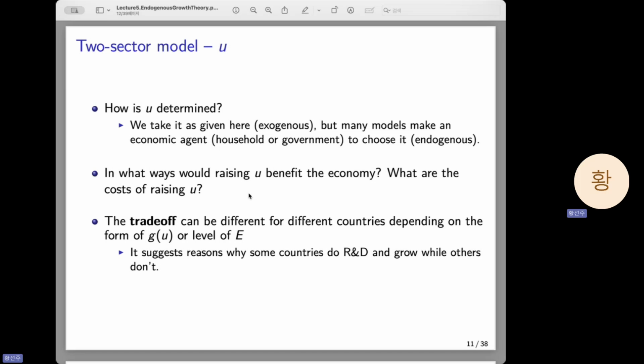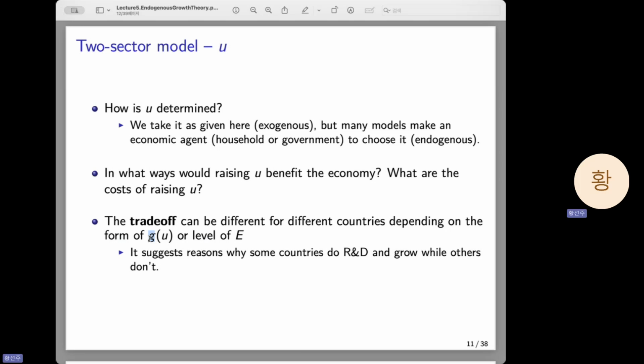Different countries might face different trade-offs that depend on their initial level of knowledge or how productive their research sector is, meaning the functional form of G. So each country has a different functional form of G and a different level of labor productivity, which means that the trade-off should be different across countries.